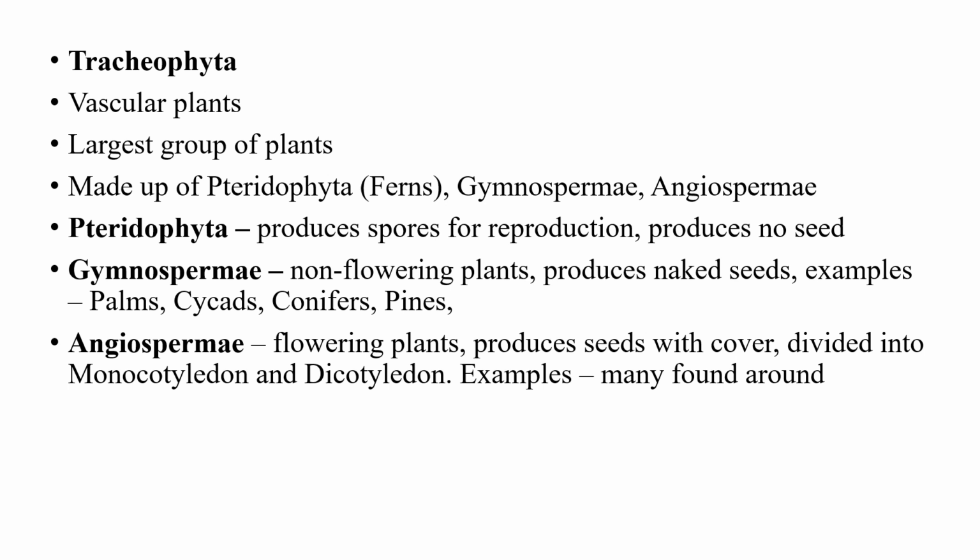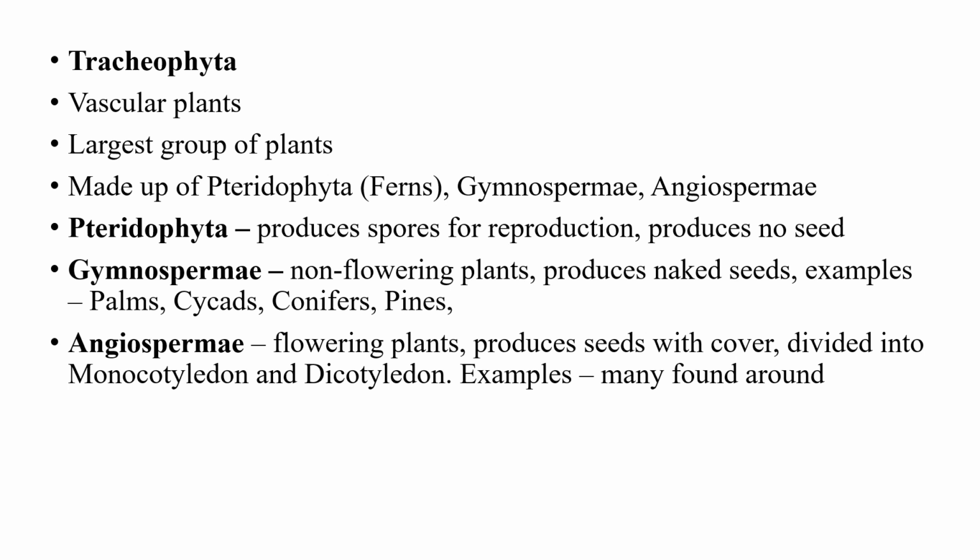The Angiospermae, I said they are commonly referred to as angiosperms. They are referred to as flowering plants, and they produce seeds. The seeds have covers because they produce flowers. It is the ovules inside the ovaries that normally develop into seeds, while the ovary develops into fruits.